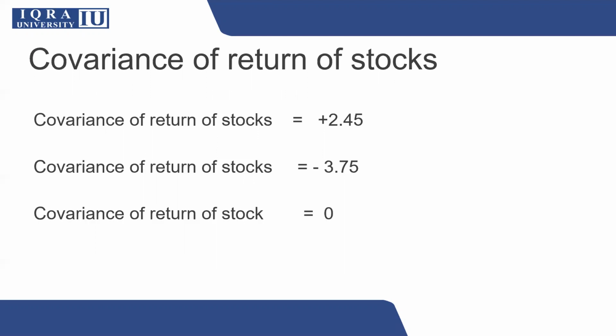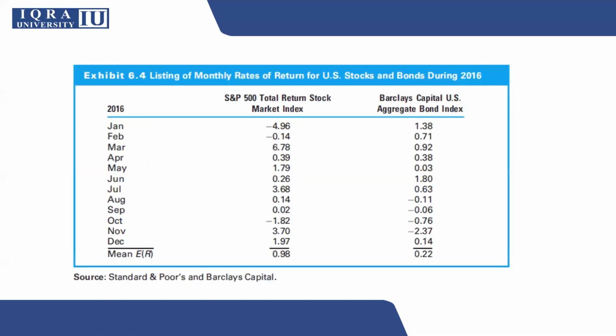I'm taking only the negative sign, which shows that these two securities' prices behave in the opposite direction. If one is increasing, then the other is decreasing. In the last case, covariance is 0, which means both securities are independent and do not show any trend. So generally, you can face any one situation whenever you are solving any question.